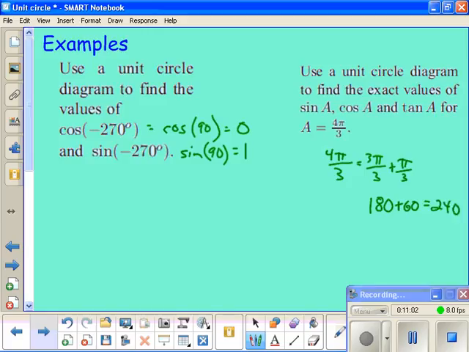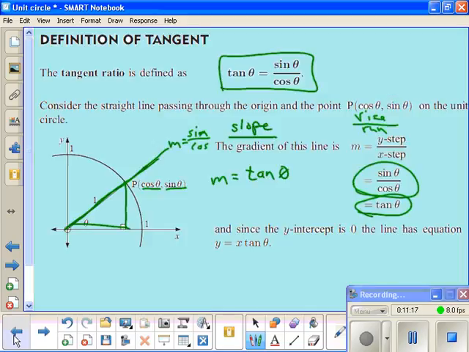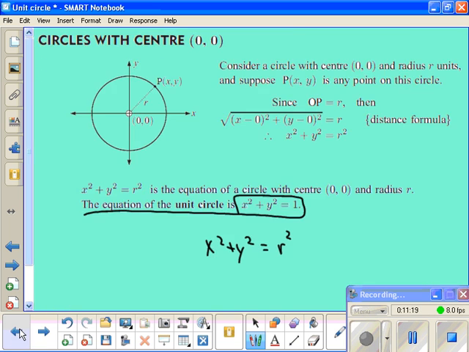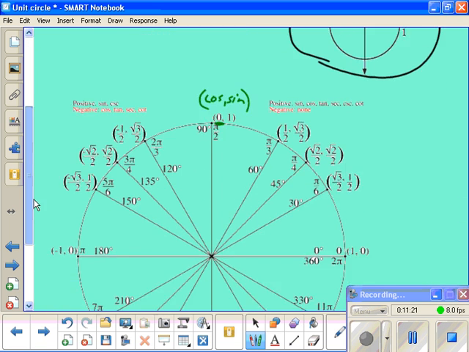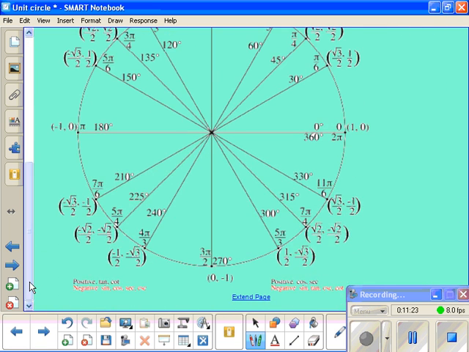Now, this is just one way of doing it. You could still go the other way: 4 pi over 3 times 180 over pi, and you're going to get the same answer. So I need the sine, cosine, and tangent of 240 degrees. Here's 240 degrees.